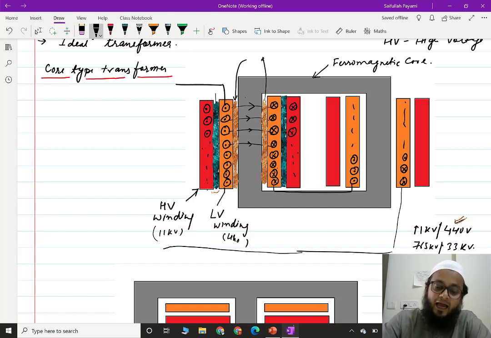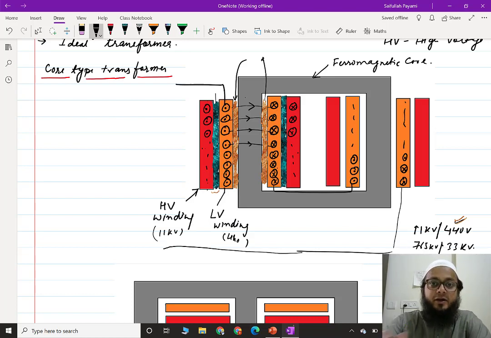And if I kept the high voltage winding first and the low voltage winding over it, the insulation between them would be required for around 10.5 kilovolt. So by having this kind of arrangement we are able to save insulation as well.